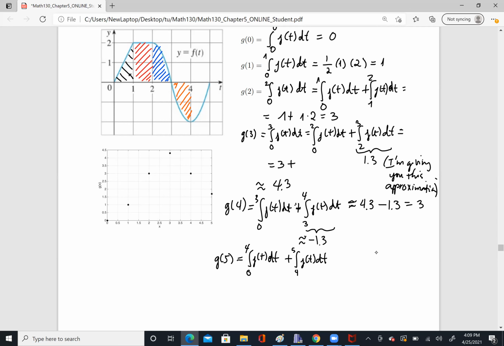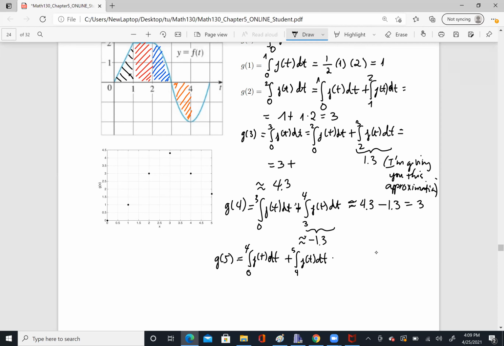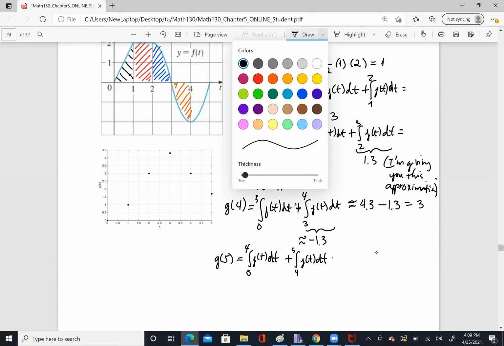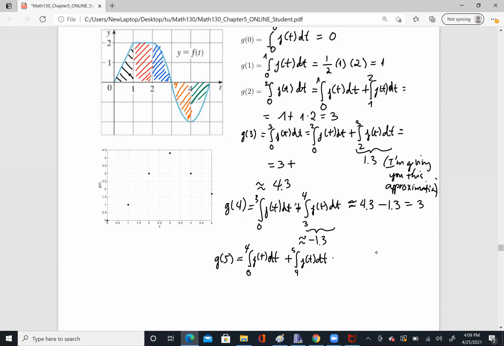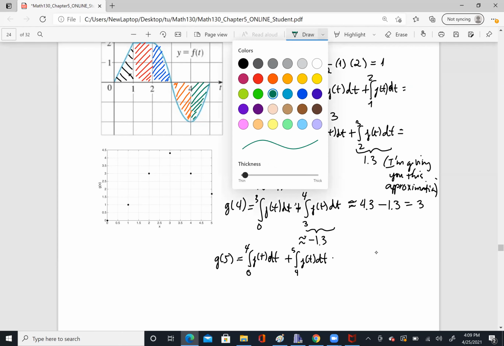So now let's use a green one for the last area here. That one is also under the curve, and that should be a negative area too, right?